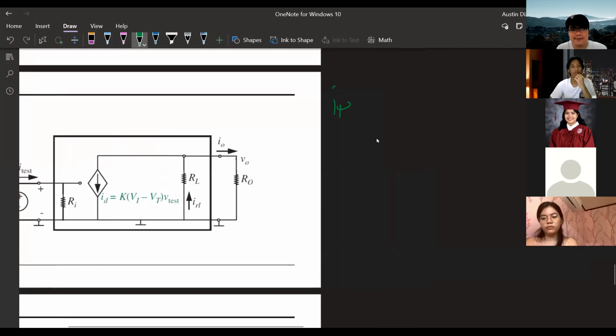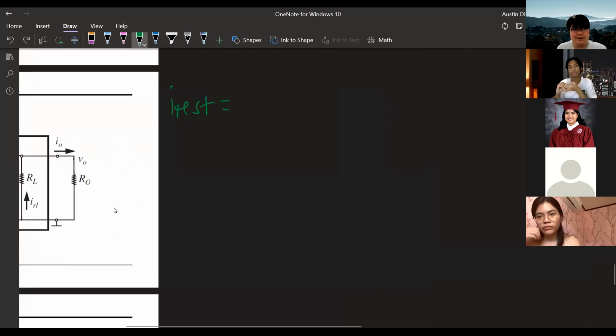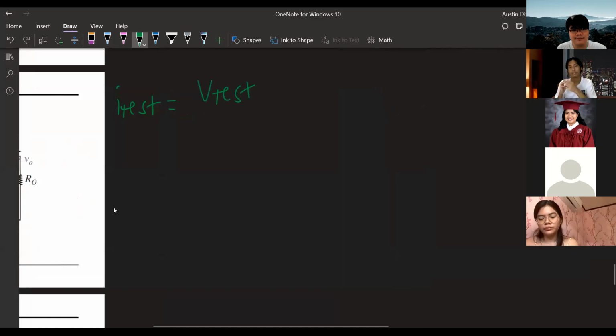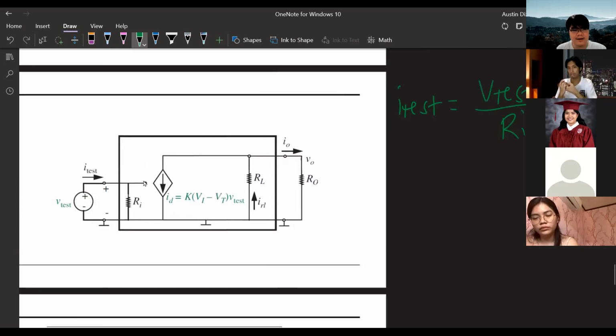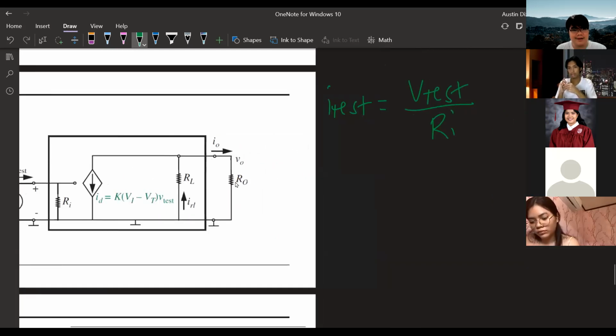I test is simply V over R. V over R dito. So V test over Ri. Okay, Ri. And then ito yung sinasabing external load. So sa output terminals mo, lalagay ka ng external load resistance.